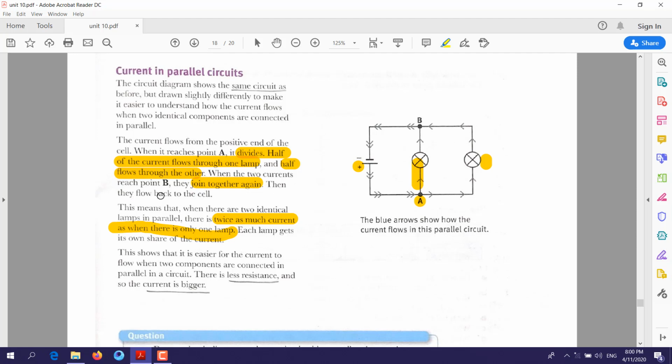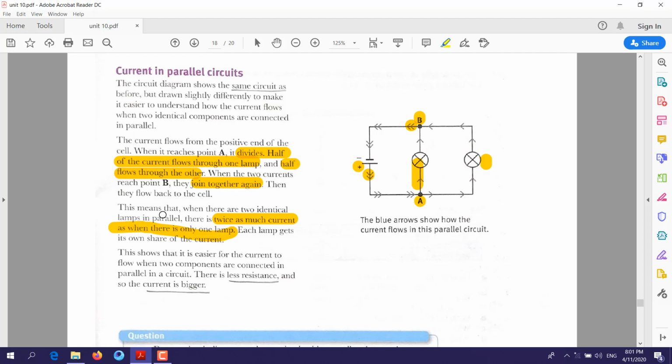Then they flow back to the cell. You need to focus on the number of arrows here. Here we have two arrows. One goes here, which means half of the electric current, and the other half comes here. Then again at point B, they join each other again.